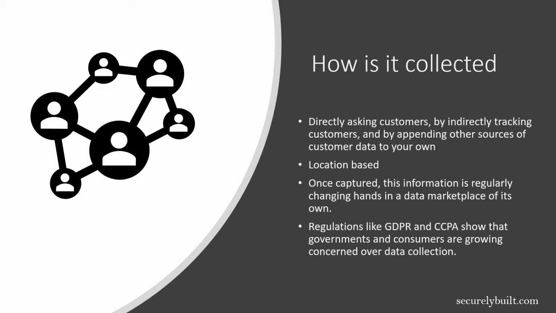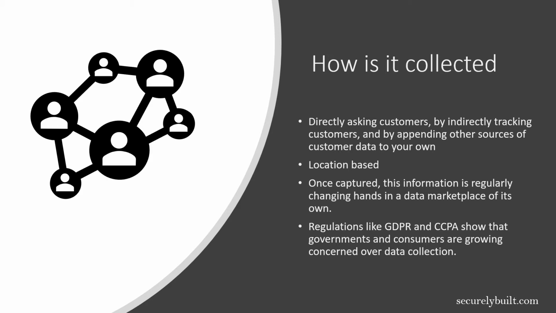And once this information is captured, it changes hands. So they have these data exchanges where, and we're probably most familiar with places like Facebook and Google, that do collect this information and either sell it or use it to provide better targeted ads.